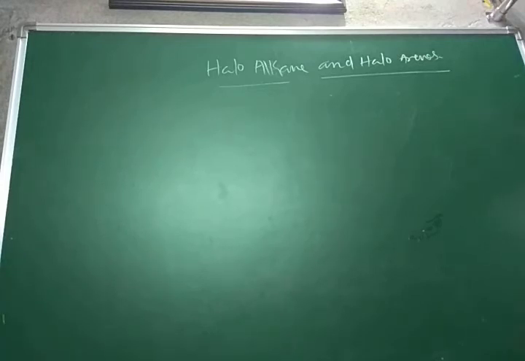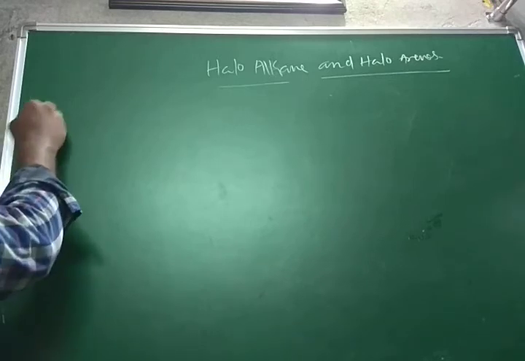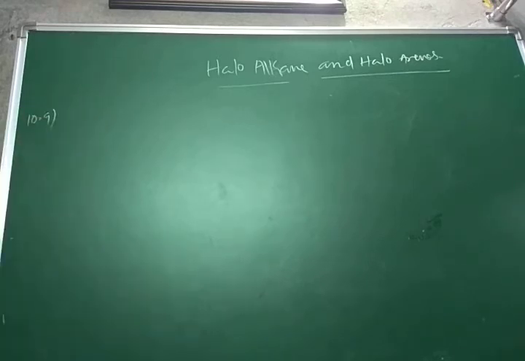If you know the preparation and properties of haloalkanes very well, then we can convert it easily. Here the question is: identify A, B, C, D, E and R and R dash in the following. Question number 10.9 in text.